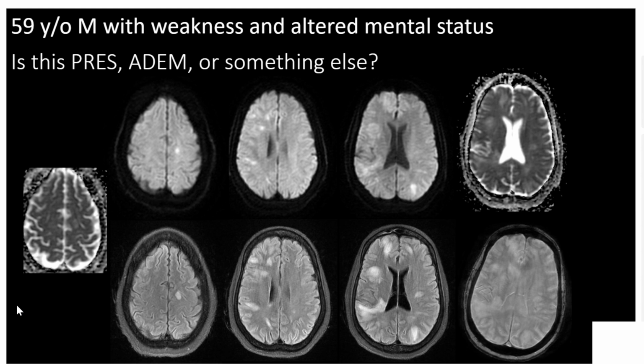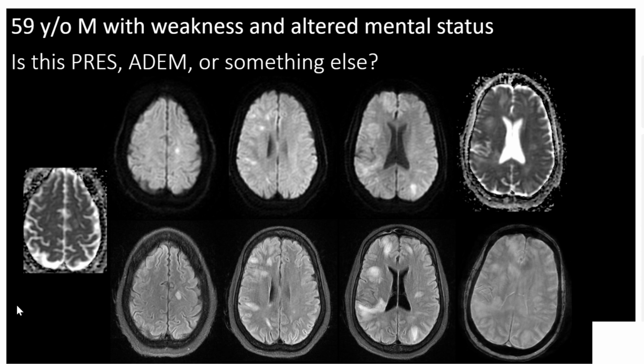So those U fibers just hugging the cortex, right up against the cortex, are involved here. Yes, they were involved in the previous case, but in a slightly different fashion. Here you have it going right up to what looks like otherwise close to normal cortex on this side and right here. There is some gray matter involvement here, but much less than white matter. So that's a really nice recognition.